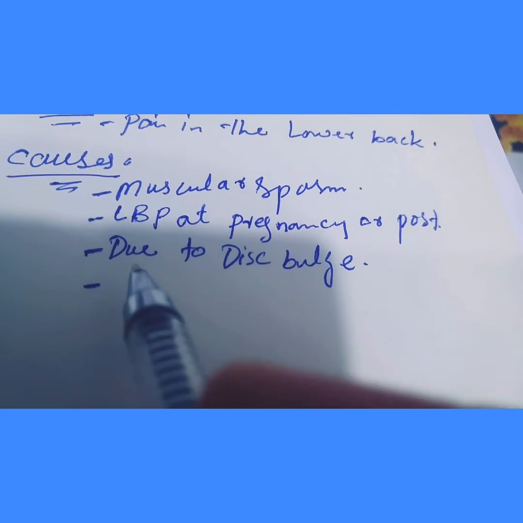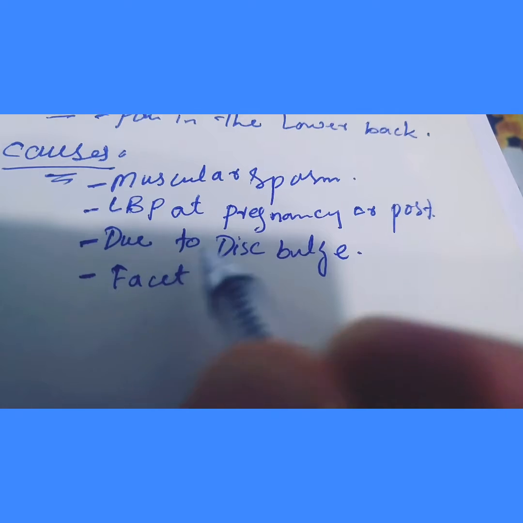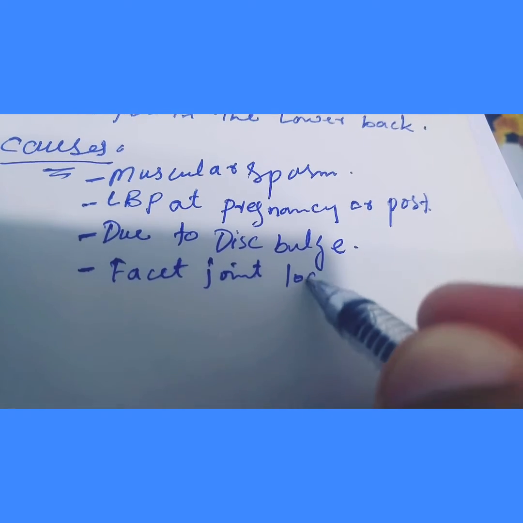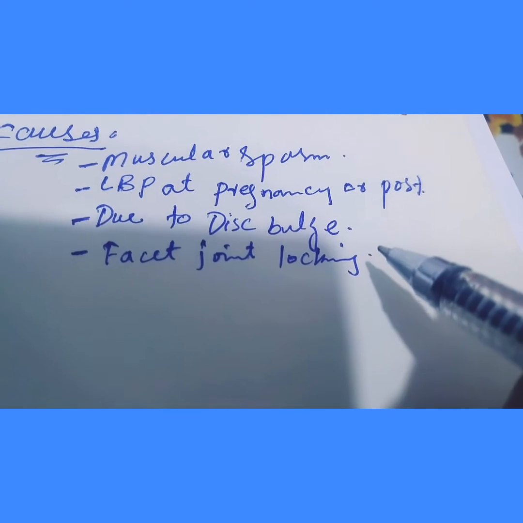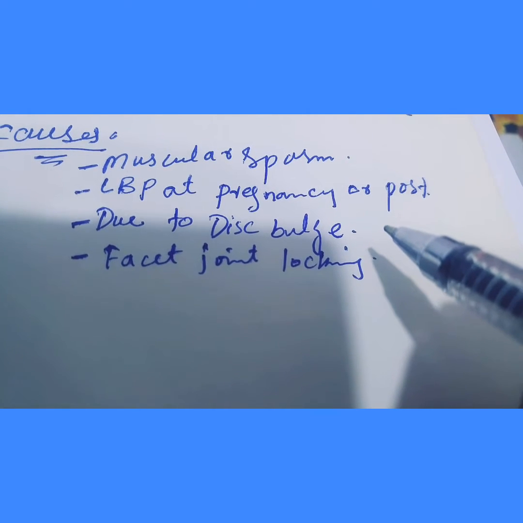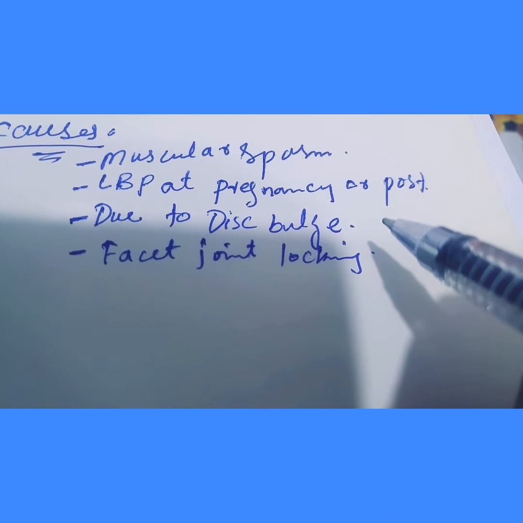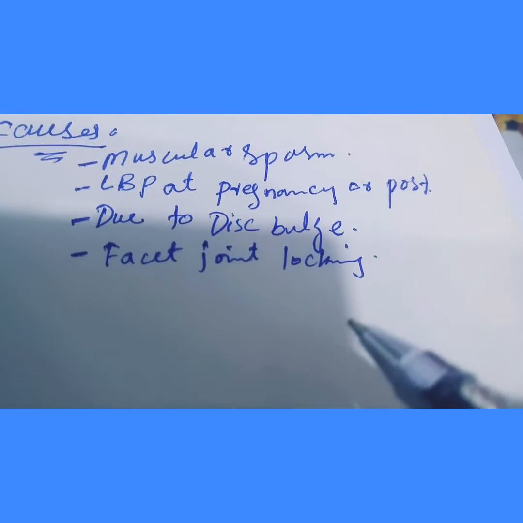The fourth cause of low back pain can be due to facet joint locking. When the facet joint is locked, the person also has the complaint of lower back pain.